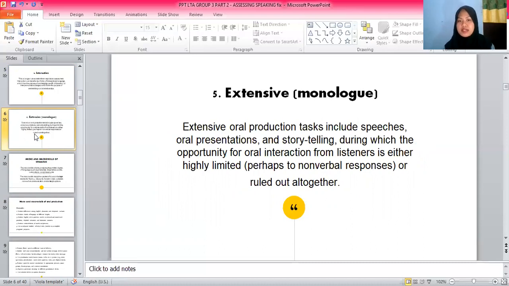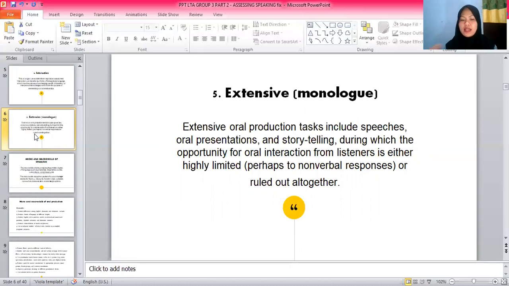Extensive oral production tasks include speeches, oral presentations, and storytelling, during which the opportunity for oral interaction from listeners is either highly limited, perhaps to non-verbal responses, or ruled out altogether.